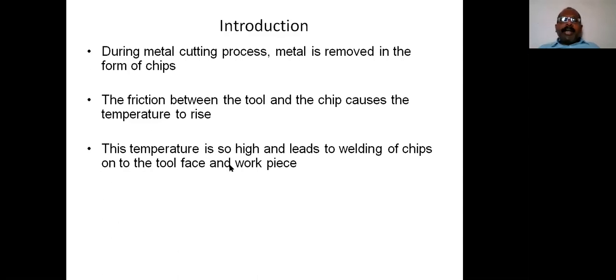Suppose the material is lead, and lead is also a metal. If lead is processed on a machine, whether a lathe or a shaper, and its temperature increases to around 600 degrees centigrade, meaning the temperature of the cutting tool reaches that point, the lead chip immediately joins with the tool, because the welding temperature of lead is very low.